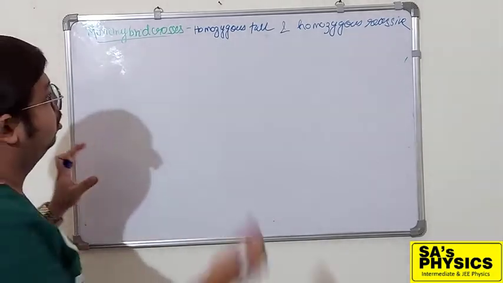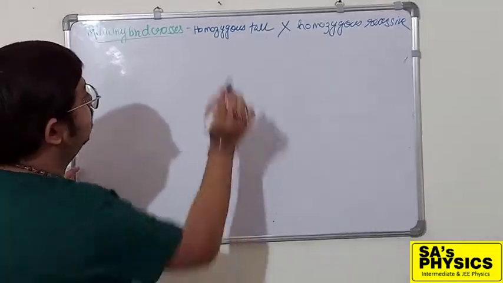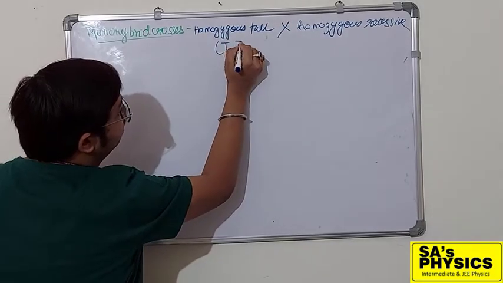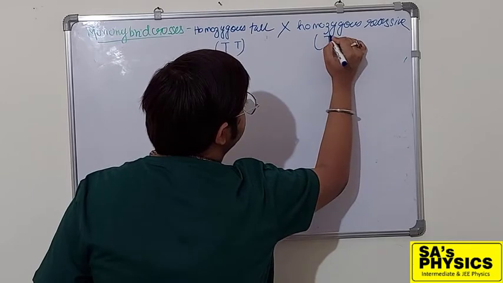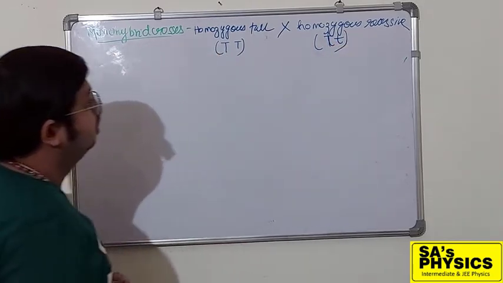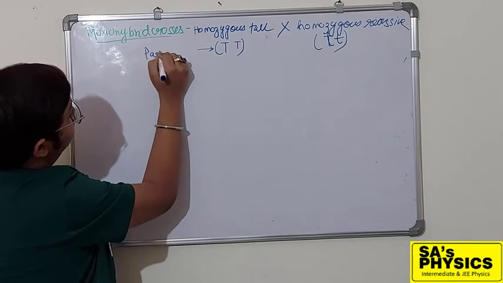Right? A cross is made between these. So homozygous tall will be capital T, capital T. Homozygous recessive will be small t, small t. So this is the genotype. This is your parent.